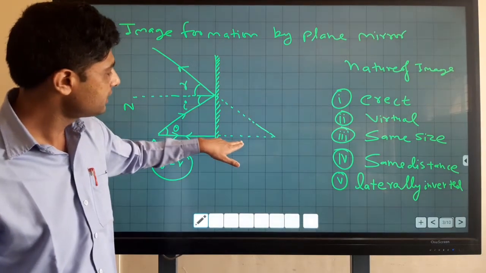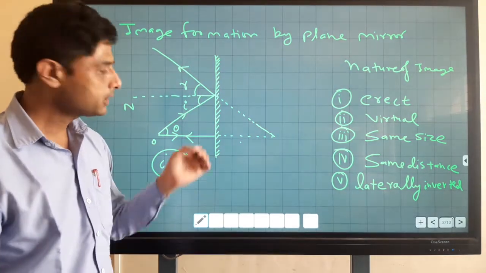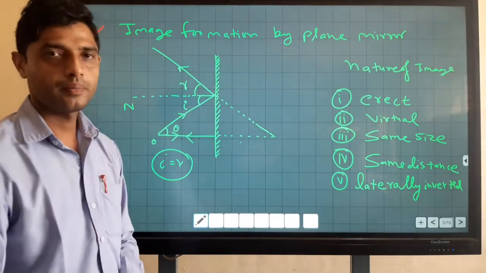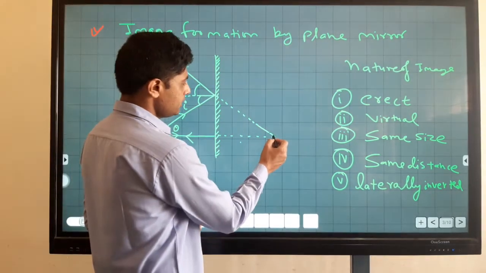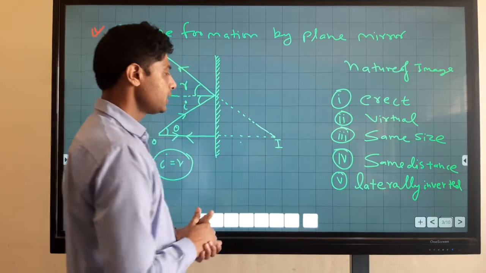This is the incident ray and this is the reflected ray, but the intersection takes place behind the mirror. Okay, it means the image is obtained behind the mirror.